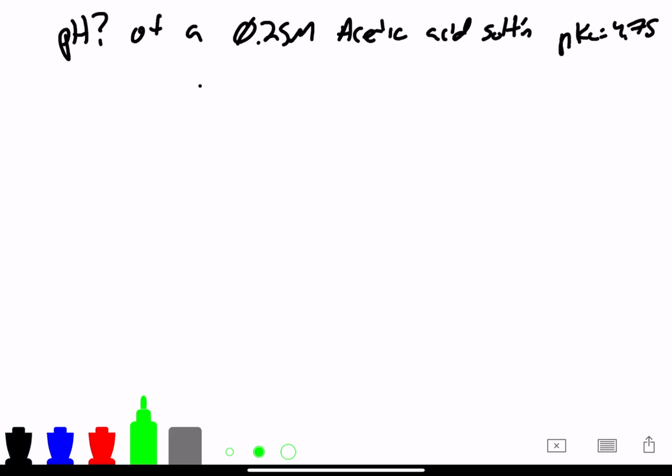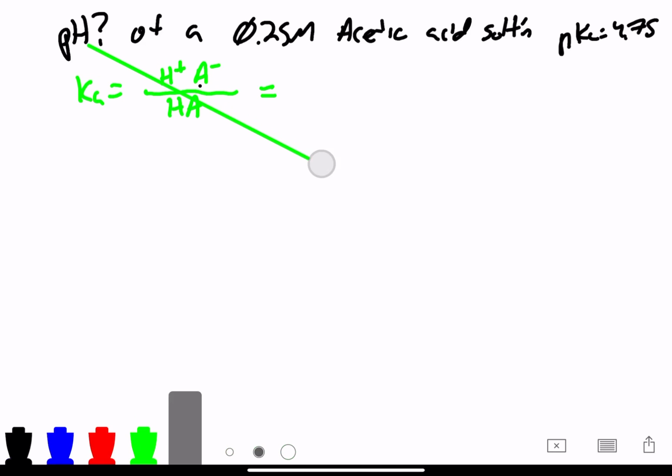So remember that the Ka is going to be equal to the concentration of H plus times the concentration of the conjugate base over the concentration of HA. So what this looks like, if we simplify it, is Ka is equal to x squared, because H plus and A minus are going to be in equal quantities, over HA.